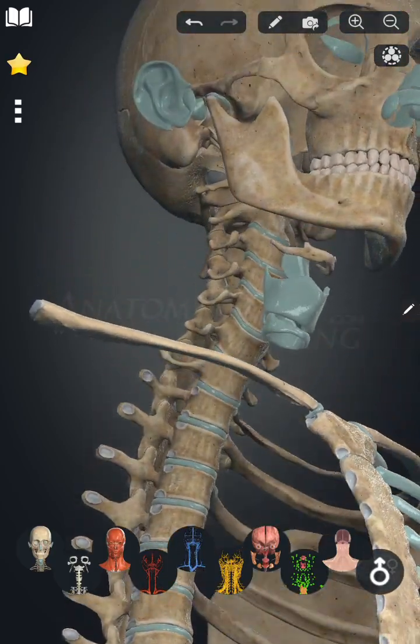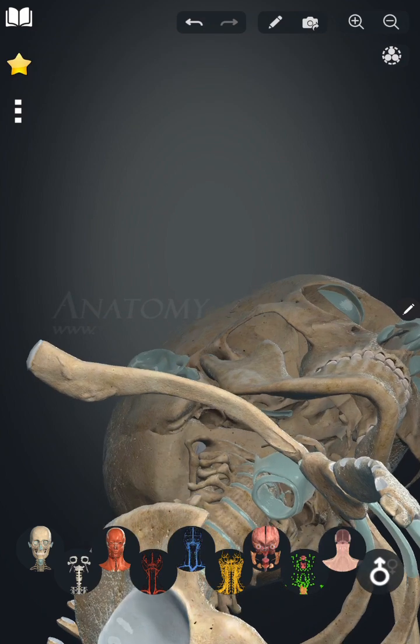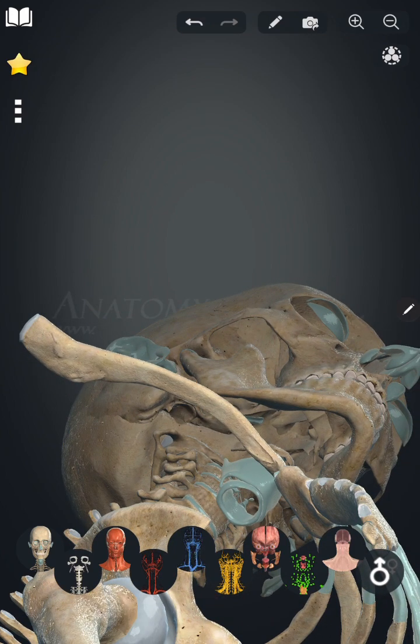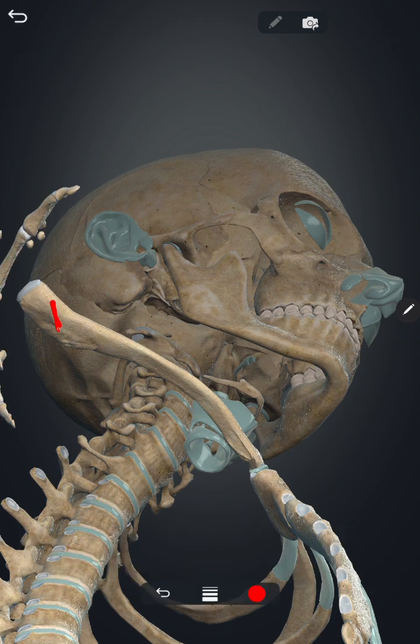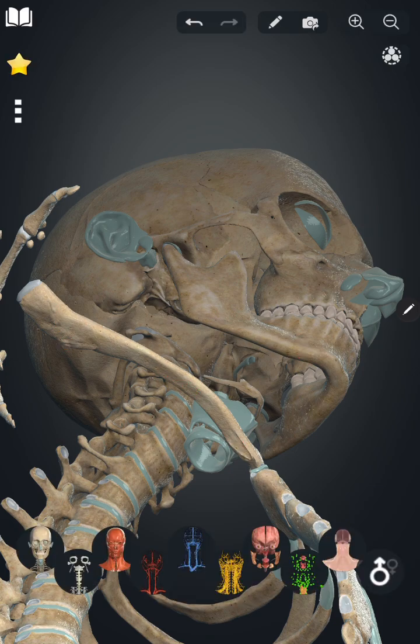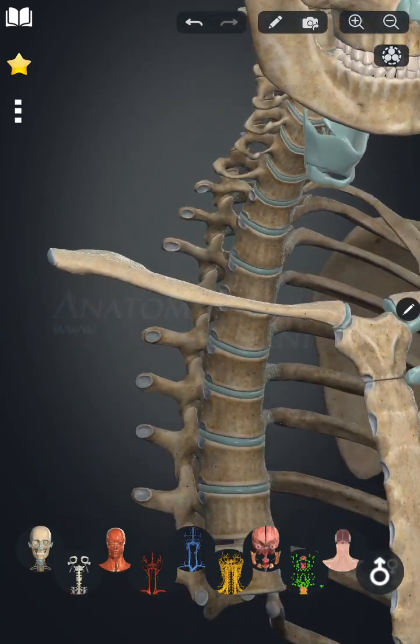We can see on the inferior surface of the clavicle the trapezoid ridge, the conoid tubercle, the groove for the subclavius muscle, and the rough impression for the costoclavicular ligament. So these are certain features.